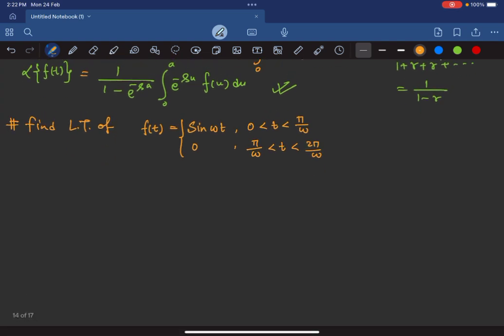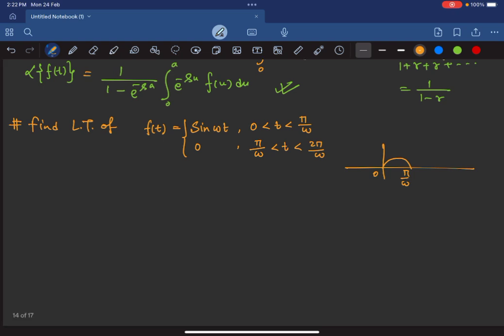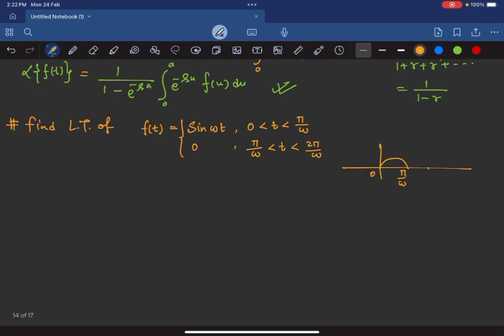Now see, if you consider this graph from 0 to pi by omega, the function is sine omega t. From pi by omega to 2 pi by omega, the function is 0.